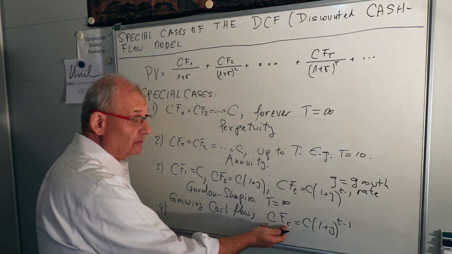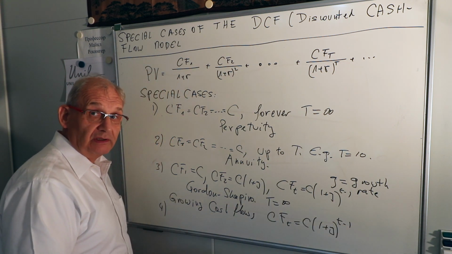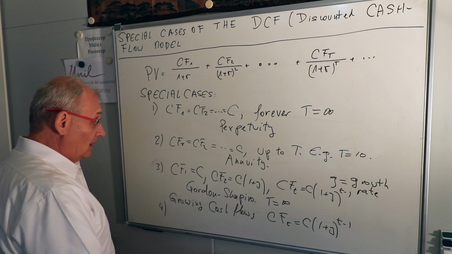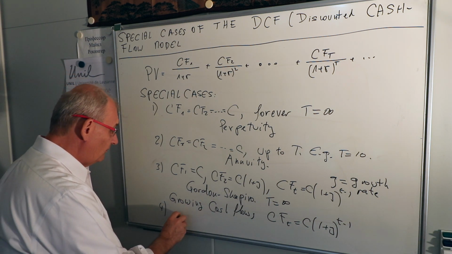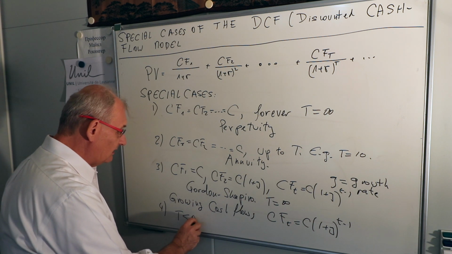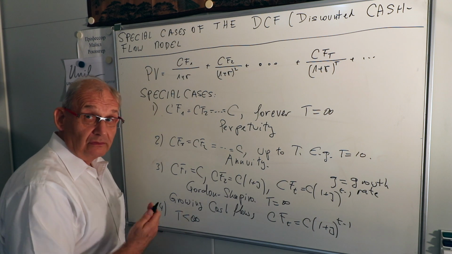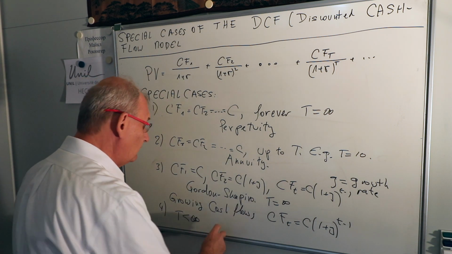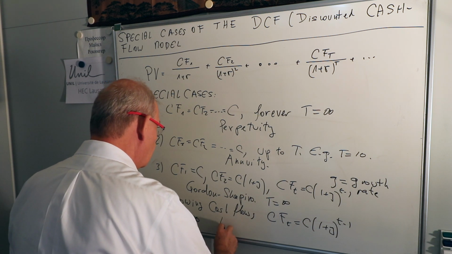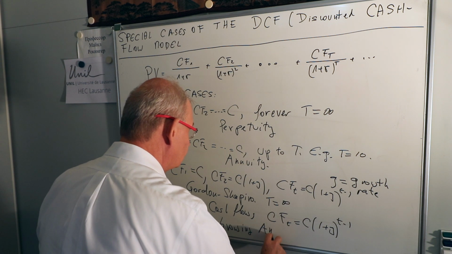If little t is equal to 1, you get a term 1 plus g to the power 0, which we know is going to be equal to 1. And we are going to have now a finite stream. t is going to be finite. We write this in general by saying t is smaller than infinity. In that case, you're going to deal with a formula which is called the growing annuity. The annuity is growing. So growing annuity.